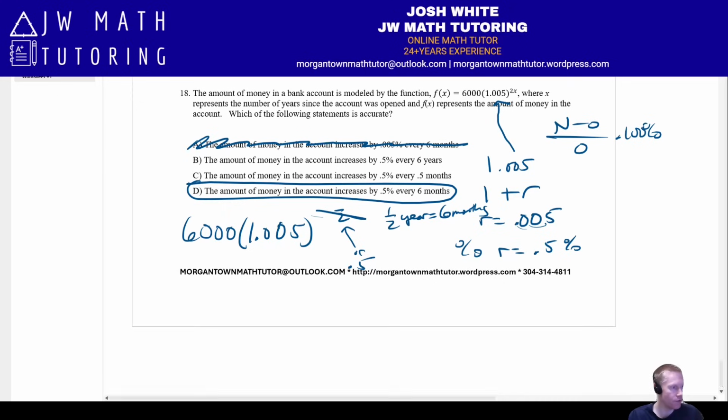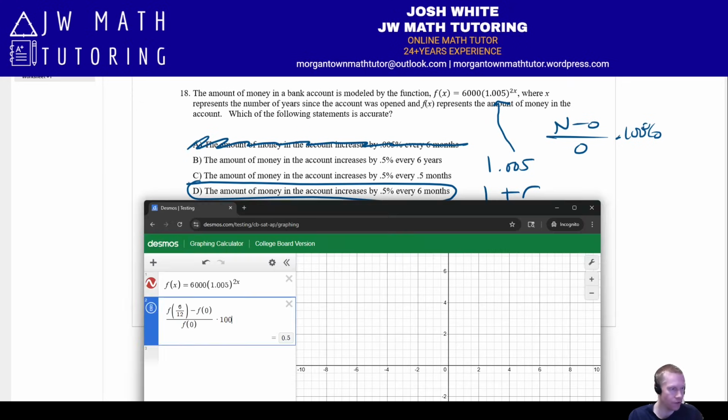And now what I could also do, I mean, you don't need to do this, but just to show you, for B and C, if I tried to plug in those values, so for B, I'm just plugging in the number 6 because it's 6 years. Okay? Well, it's not a 0.5% increase. After 6 years, it's a 6.16 or 6.17% increase, so that's wrong.